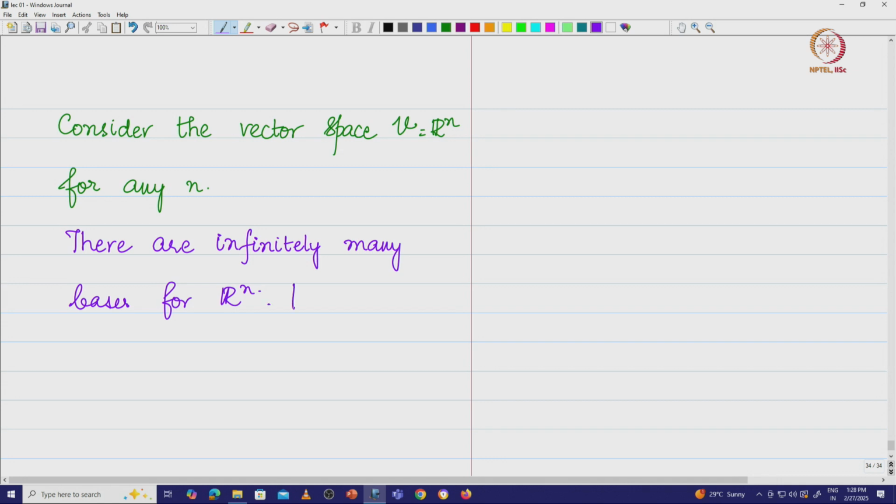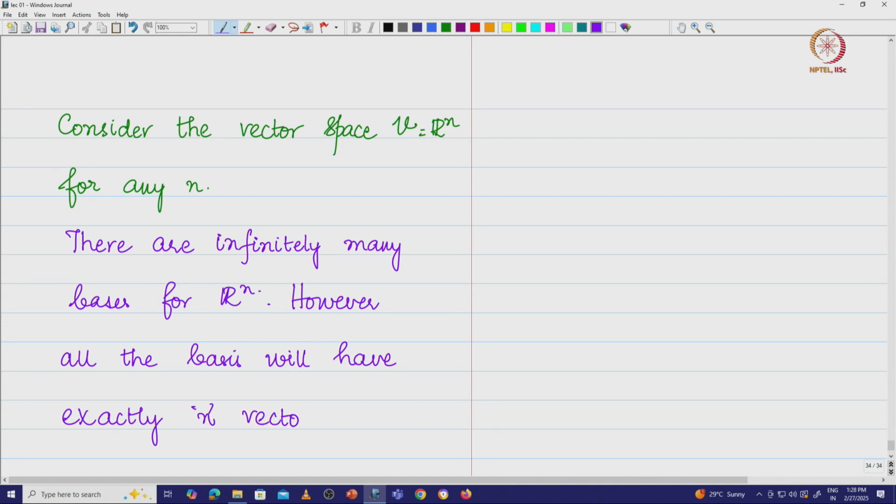However, all the bases will have exactly n vectors, and this n is therefore called the dimension of the vector space.